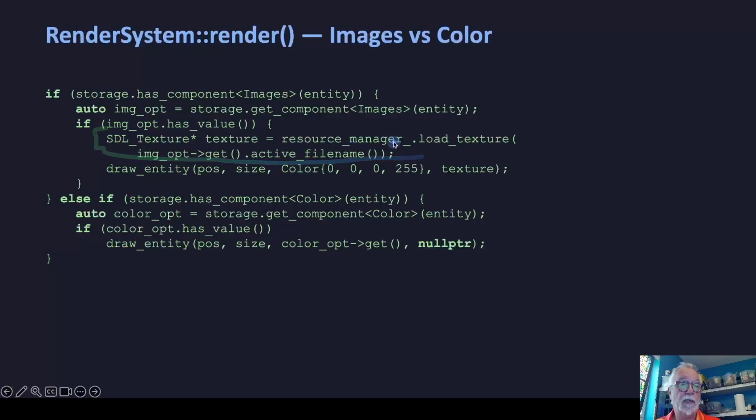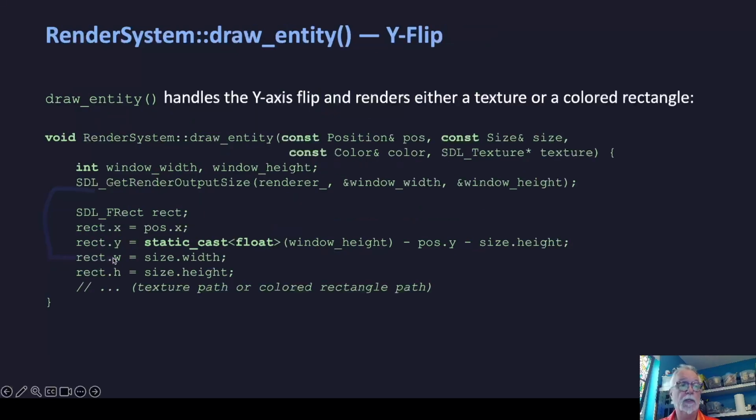And you notice that we're getting the string from here, and then I draw the entity with that position. This is where we're going to do the flip, and then here is where we fall back to drawing a rectangle. So the draw entity, we're going to do the same Y flip that we did before.